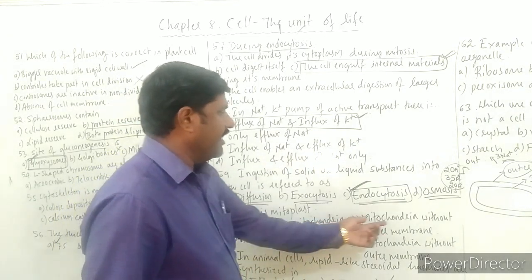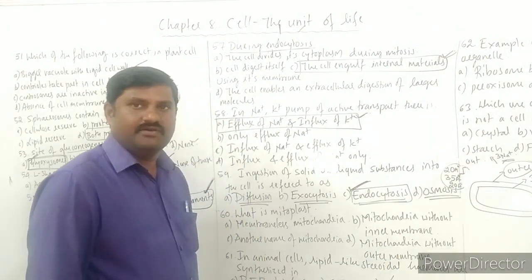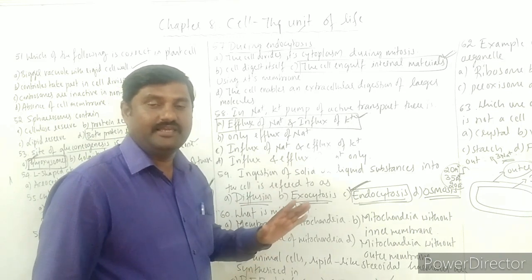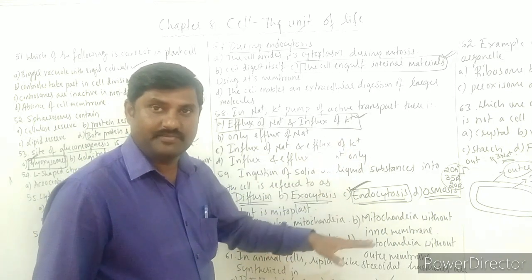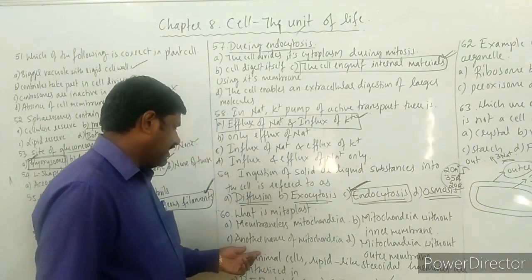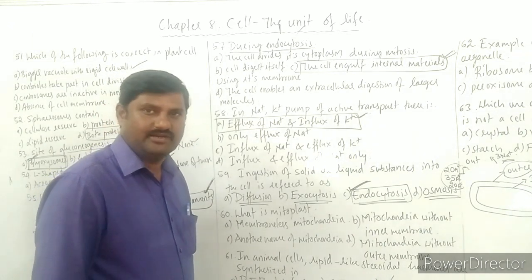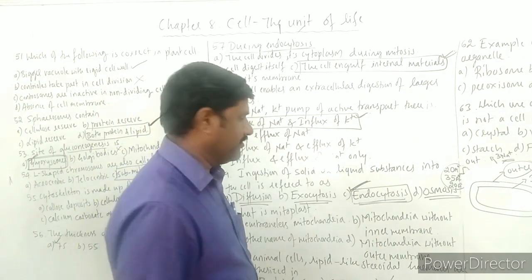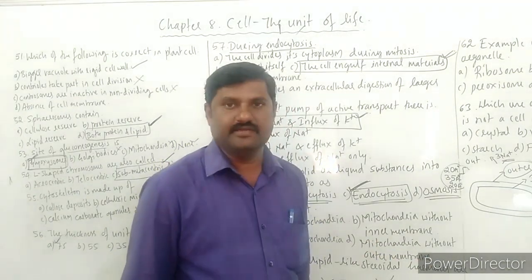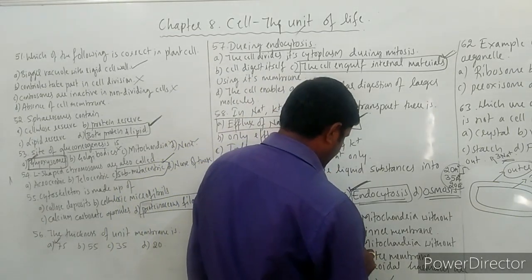Second option, mitochondria without inner membrane, he says. Inner membrane must be there, right? Even it can lose the outer membrane, but not the inner membrane. Another name of mitochondria? No, it is not at all another name of mitochondria. Mitochondria without outer membrane is the correct answer for this question. Option D.